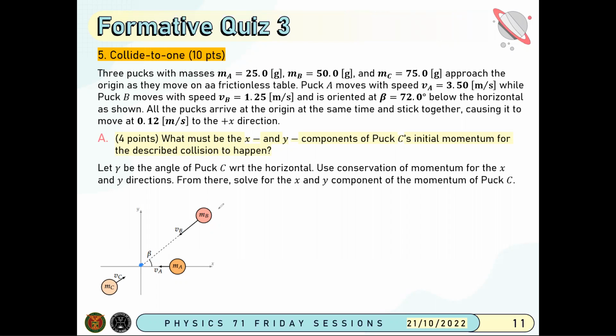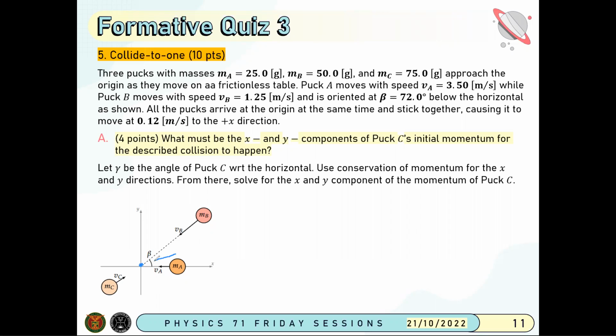Puck A moves with speed V sub A of 3.5 meters per second, while puck B moves with a speed V sub B of about 1.25 meters per second and is oriented at an angle beta of 72 degrees below the horizontal as shown in this figure.